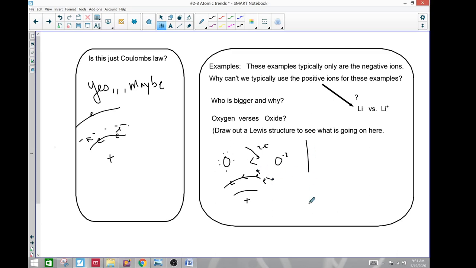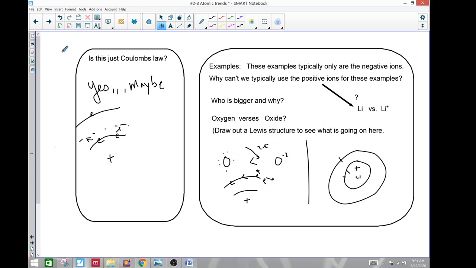This one, lithium, the metal, is a little bit different. They're losing electrons. So this lithium's got 2 energy levels, and it's going to lose this entire one. So this whole electron repulsion thing really only applies with the non-metals because the metals end up losing entire energy levels, which of course then causes a very drastic change. Okay, draw a Lewis structure. Got a couple of those Bohr diagrams.